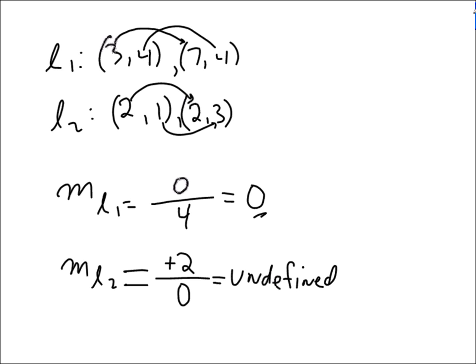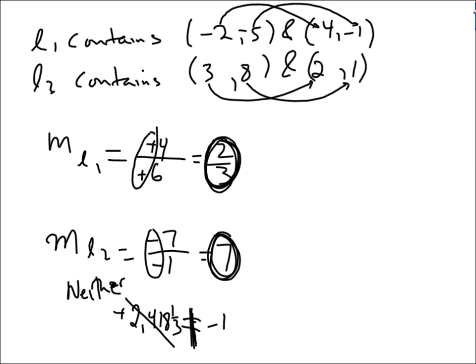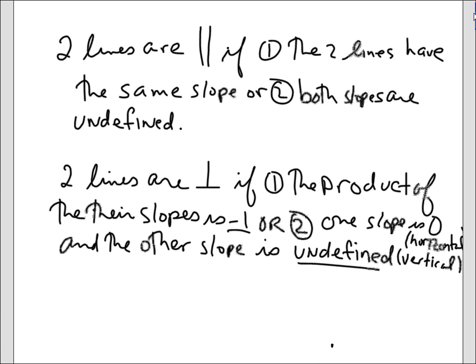Well, if one slope is 0 and one slope is undefined, that implies that the 2 lines are perpendicular. That was one of the definitions of 2 lines being perpendicular. If one slope is 0 and the slope of the other line is undefined, the lines are perpendicular. You have to know your definitions, and there it is, statement number 2.